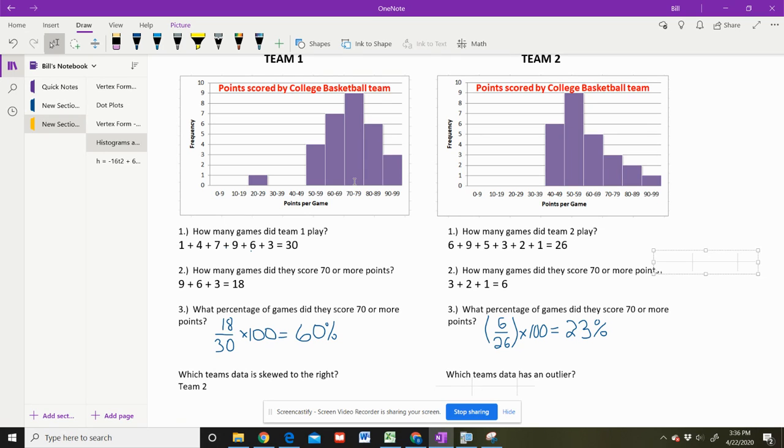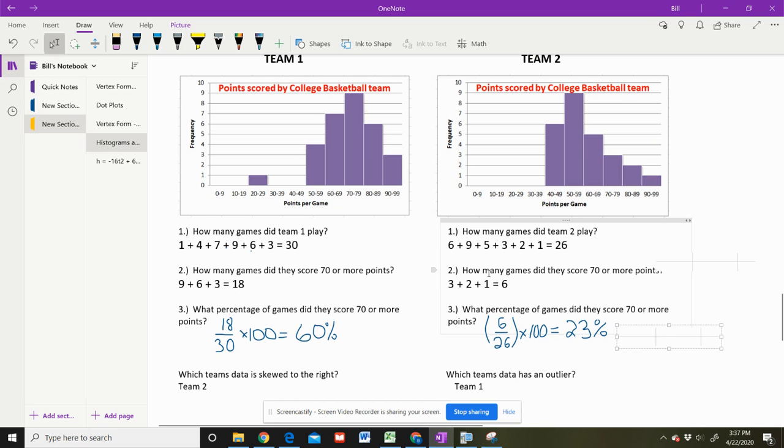So in this case, if we look at Team 1's data, we see this one game where, maybe a lot of the players were injured, they only scored 20 to 29 points in that game. So that's an outlier. That doesn't really conform with the rest of this data. So the team that has an outlier is team number 1.